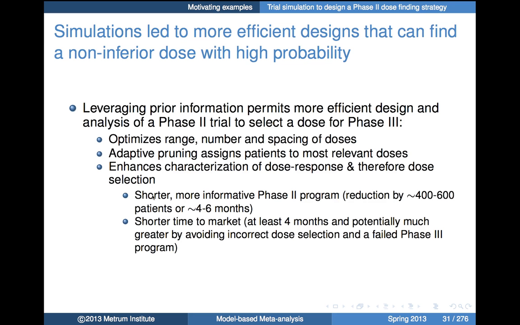The result was we ended up with a shorter, more informative phase 2 program, and I here say reduction by about 400 to 600 patients, which translates to roughly a 4 to 6 month time period at a typical recruitment rate, and the net result would then be a shorter time to market on the order of 4 months, and as I just commented, potentially much greater shortening by avoiding an incorrect dose selection that could have led to a failed phase 3 program.